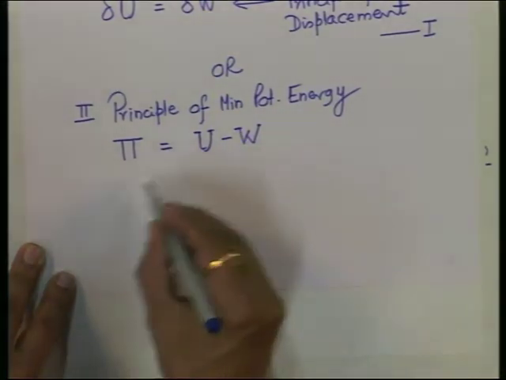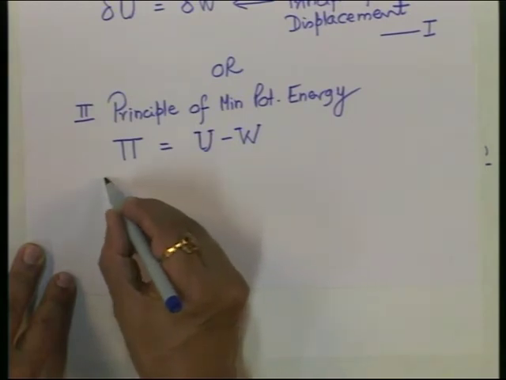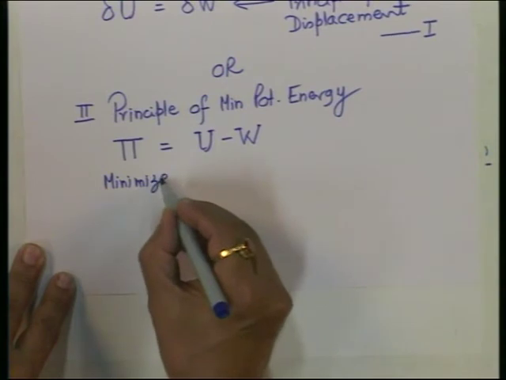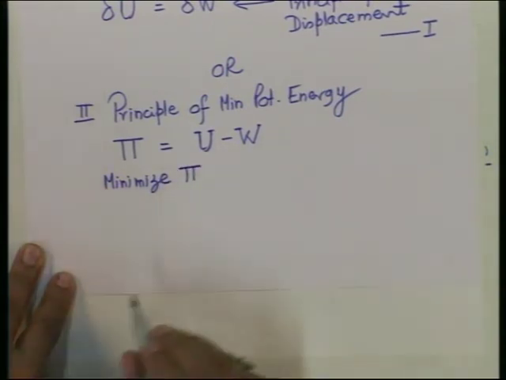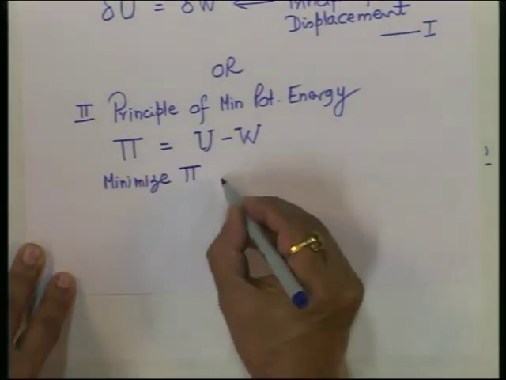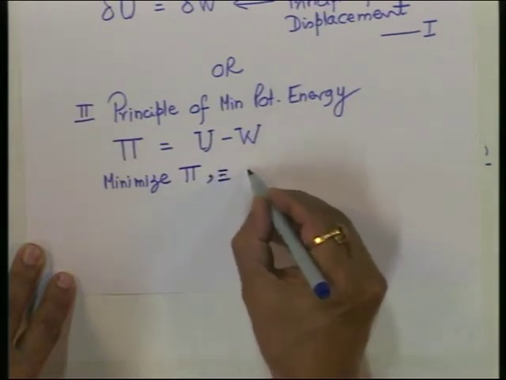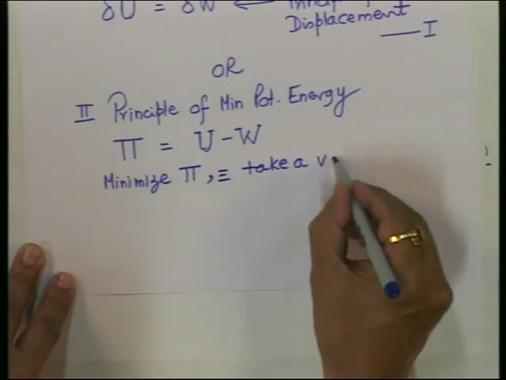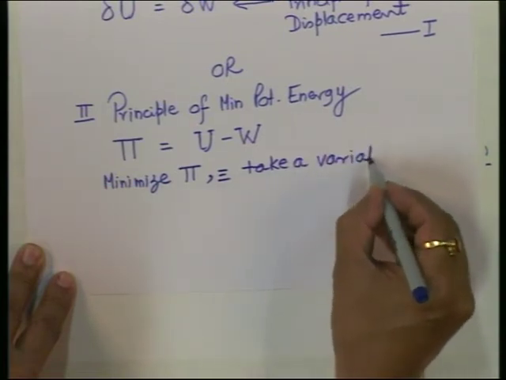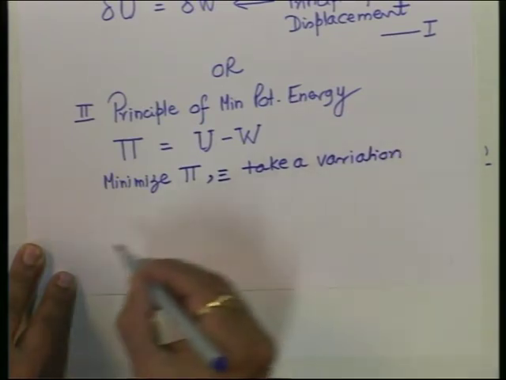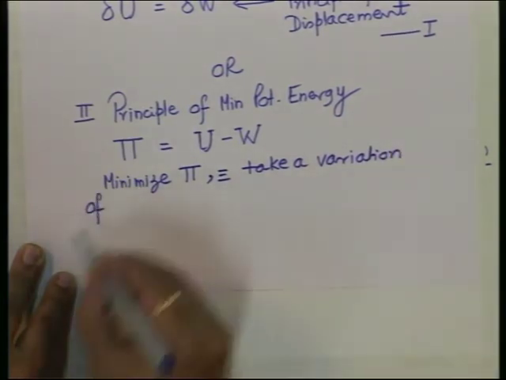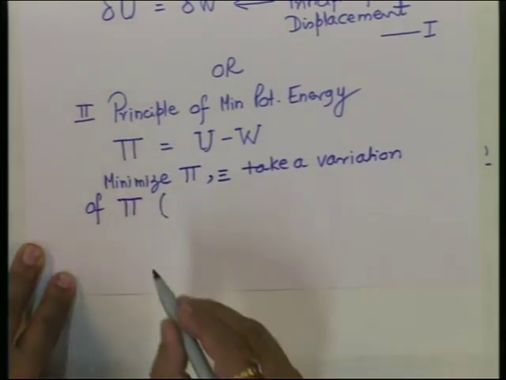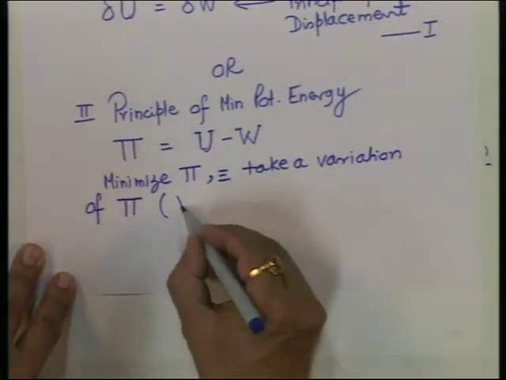And by minimization of this, minimize pi means take variation. This means what? Take variation of pi. You know that there is one subject matter called variational calculus.